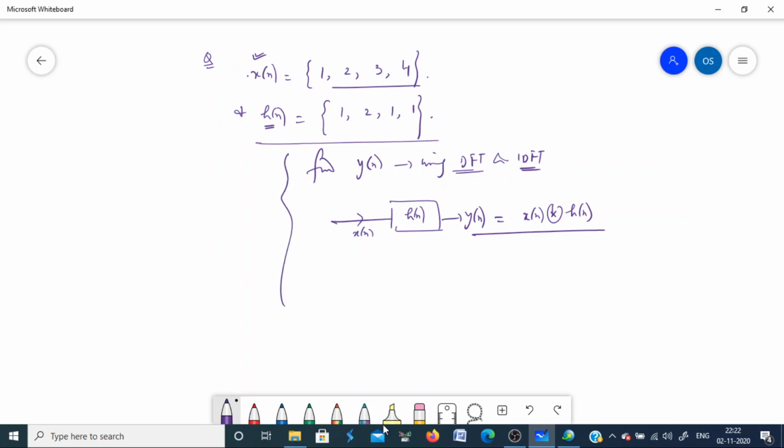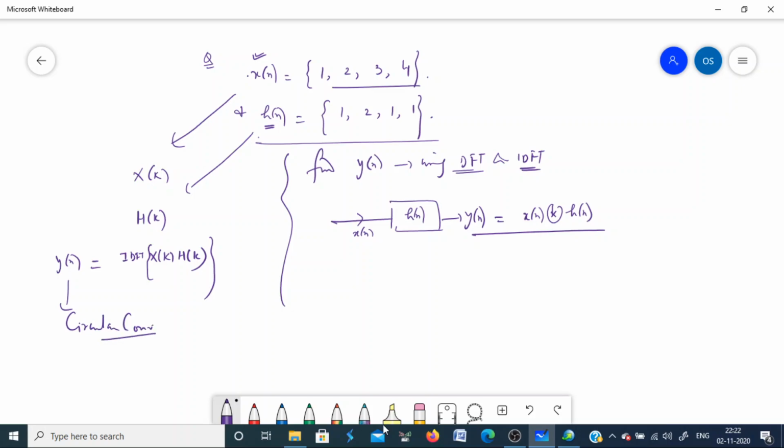If I just take its 4-point DFT, that is Xk, and the 4-point DFT of h, that is Hk, multiply them together, Xk into Hk, and find its inverse discrete Fourier transform, what will be my output? This will give the circular convolution, not the linear convolution. It means this is not my output.